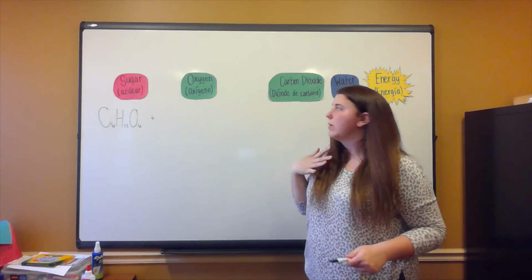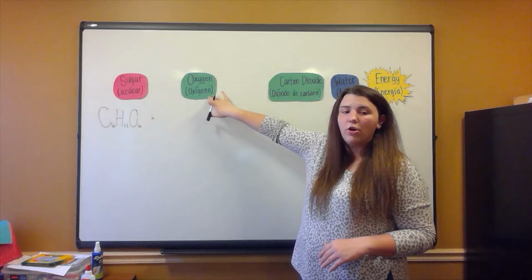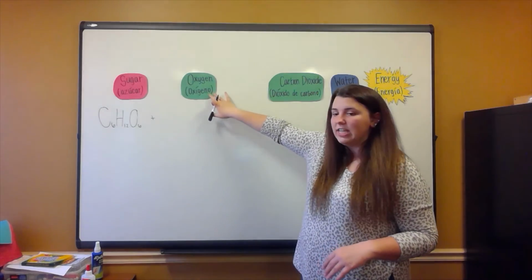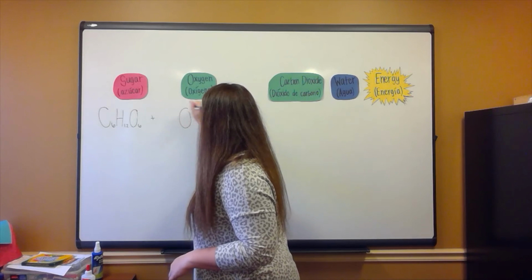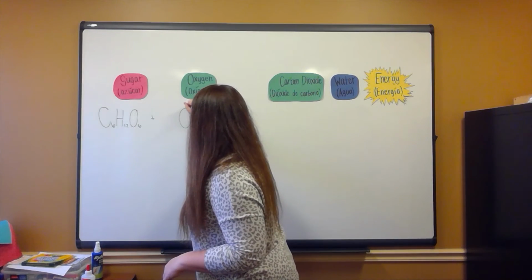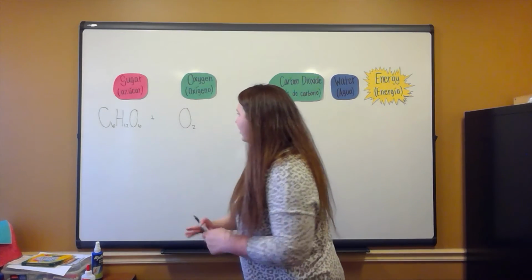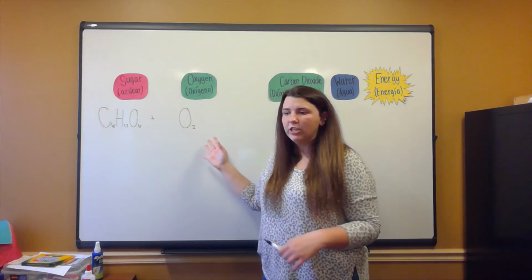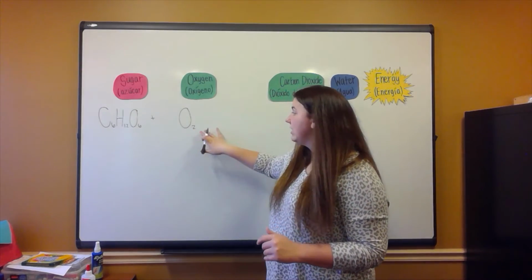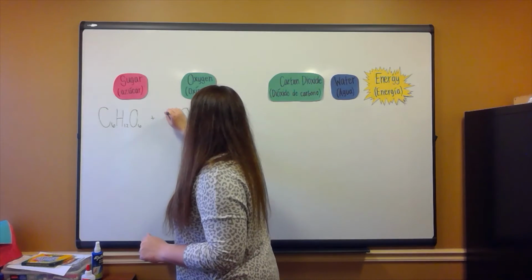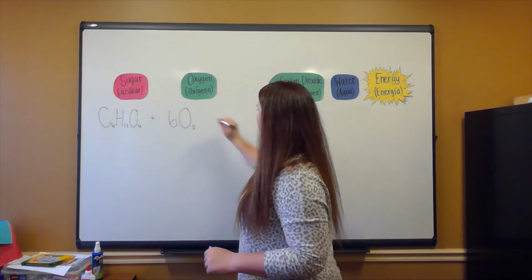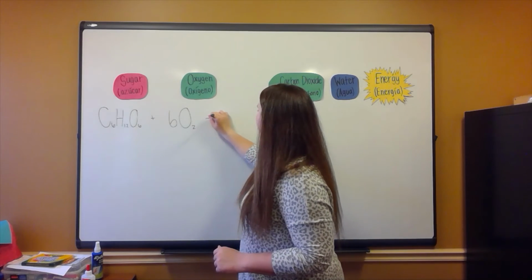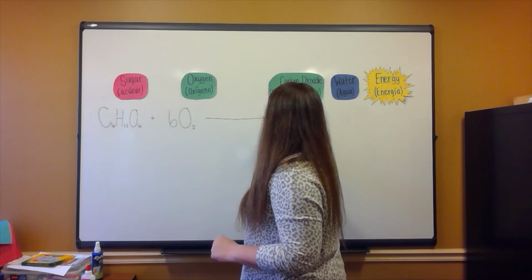And that air that we breathe in is made up of something called oxygen or oxígeno. And oxygen is O2. But when we do cellular respiration, when we're making energy, we need 6 of these. So our formula will be 6O2, right? So those are the only 2 things that we use in cellular respiration.